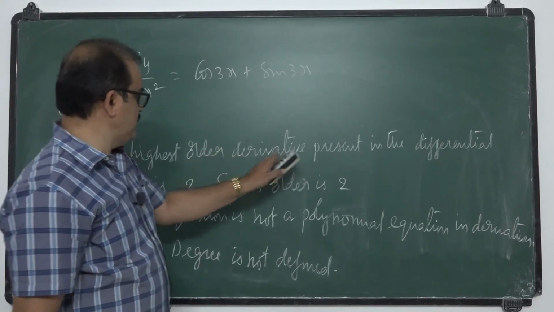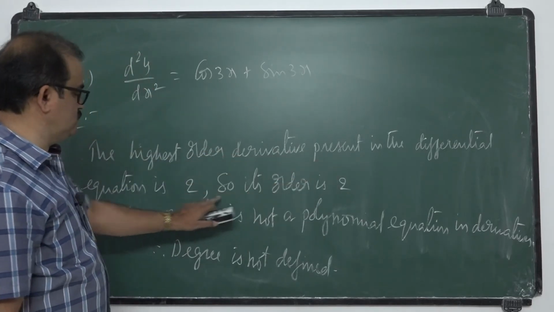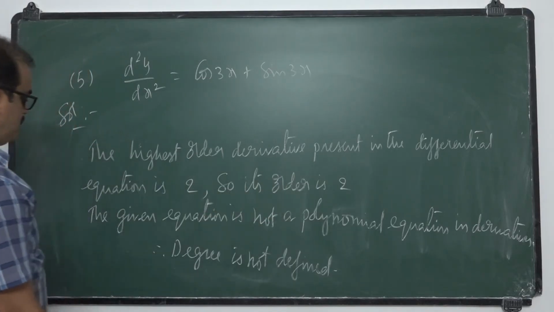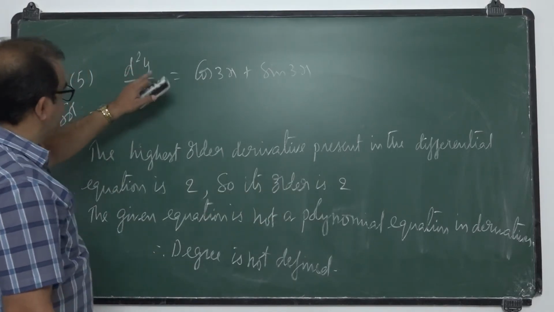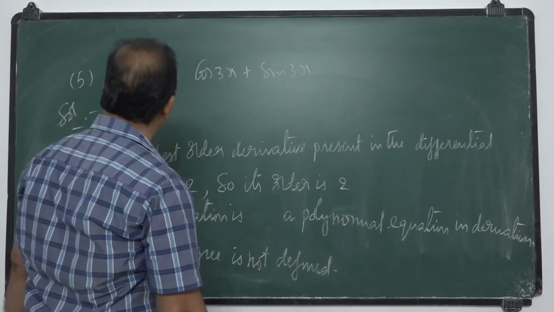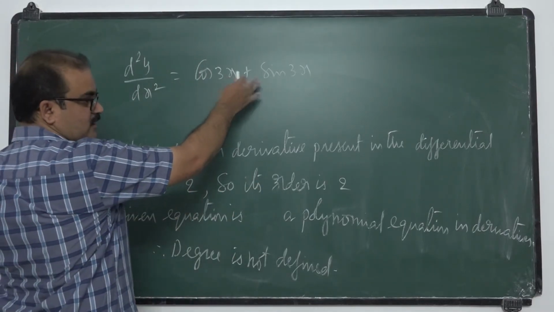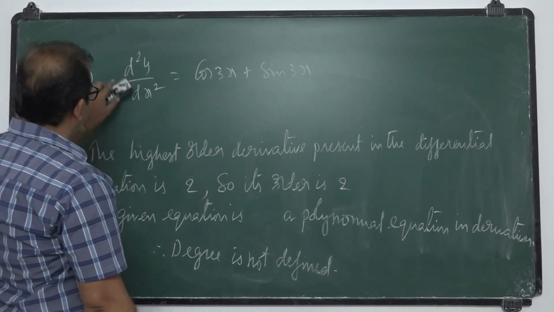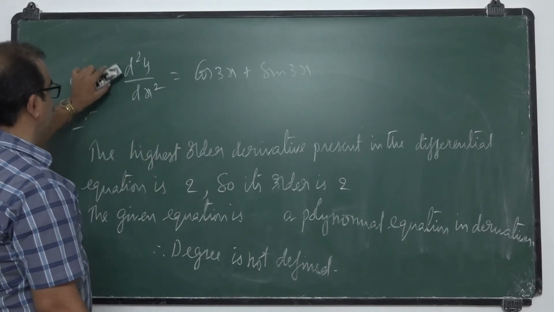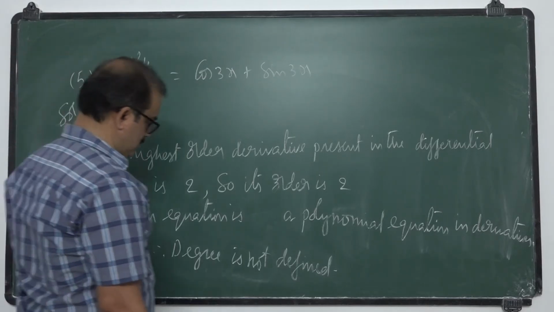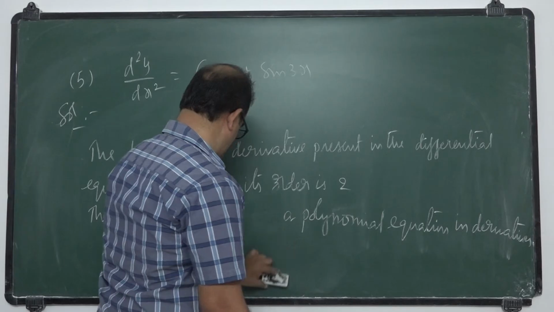So the highest order is 2. So the order of the given differential equation is 2. And it is a polynomial equation in derivatives. The derivative is not in terms of either sine or cos. It is the highest derivative. What is the power of this highest derivative? 1. So degree is 1.